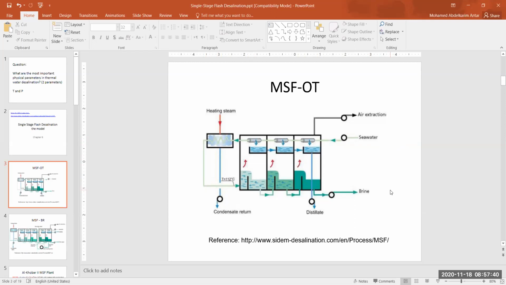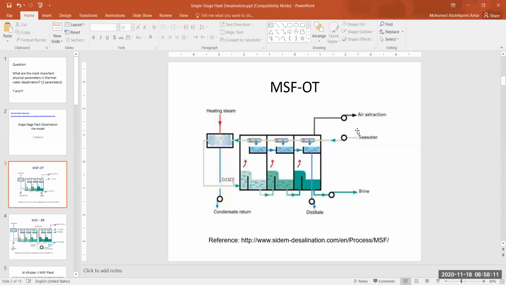They thought of this system as the beginning, but they found out that in order for the seawater to come in, a lot of chemicals are added into it as anti-scalant, anti-foulant, anti-foaming. So something to improve the quality of the seawater as it comes in and reduce the issue of scaling. And you are here basically throwing to the atmosphere or throwing to the sea again, water treated with chemicals.